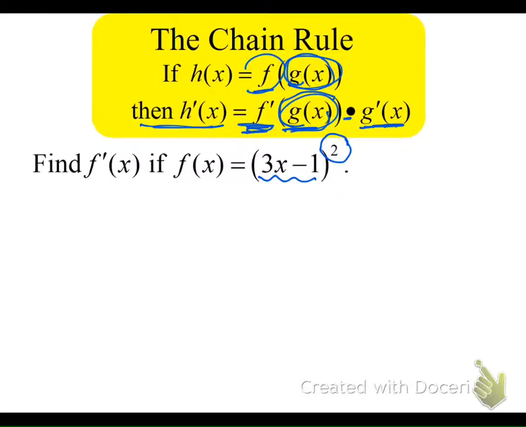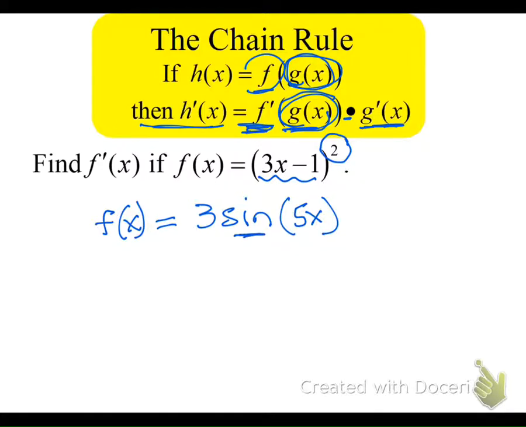All right, so I'm going to do a couple of easy ones just to give you the feel for it, okay? Let's say the original function was something that you know pretty quickly, 3 sine of 5x, okay? Well, the outside part would be the sine, the inside part is 5x. So you have a function within a function. So the derivative, and you're just basically going to train yourself to do this automatically.